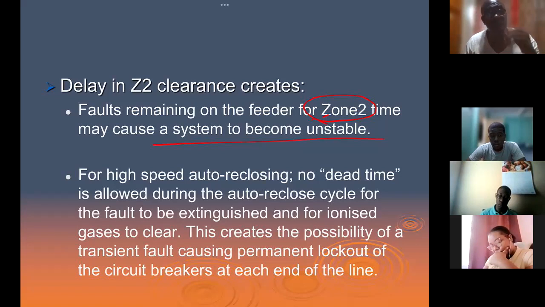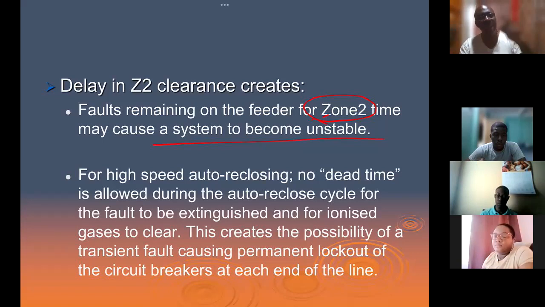So we want to ensure against that instability that can come from having one end of the line remaining connected to the system with the fault. Remember now, you don't know what type of fault it is. But there's a phase fault on the line, which means that there would be contribution into the fault from either end, because we are running an interconnected system.